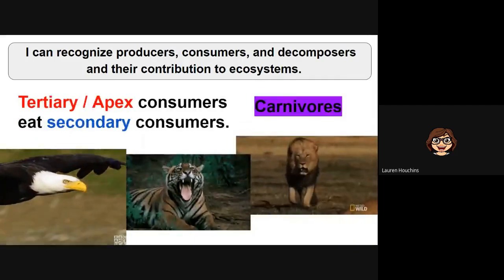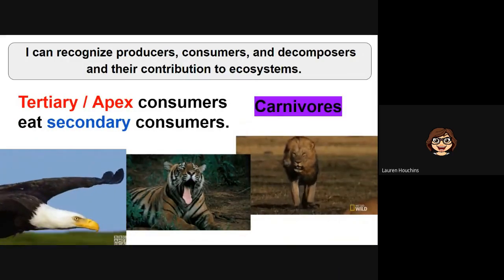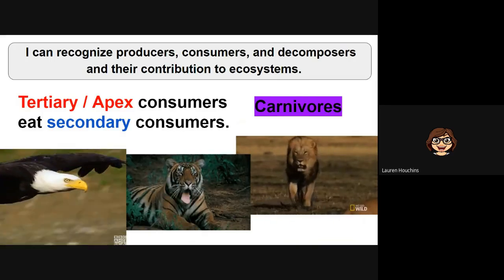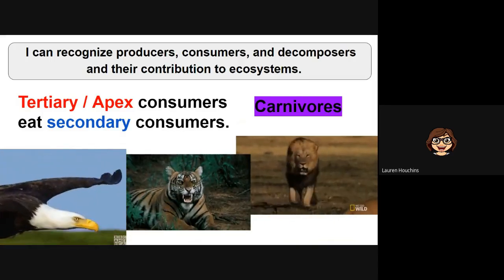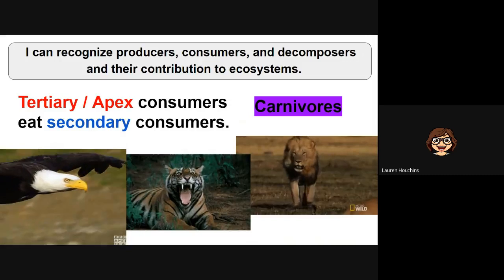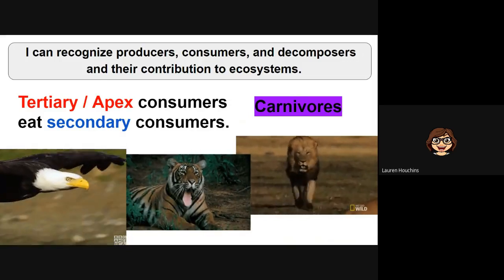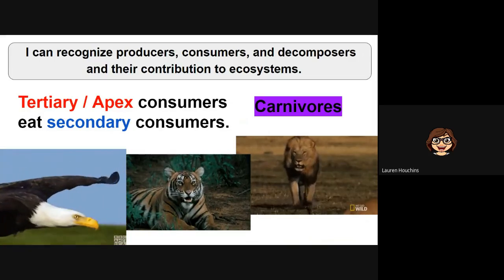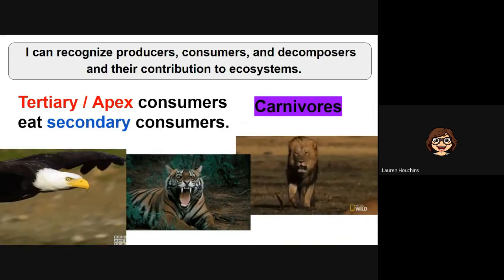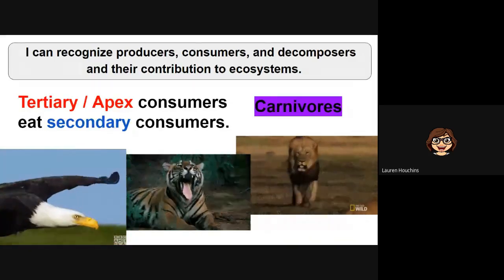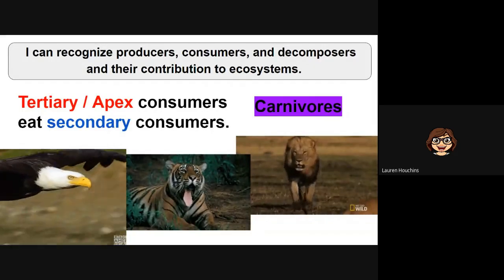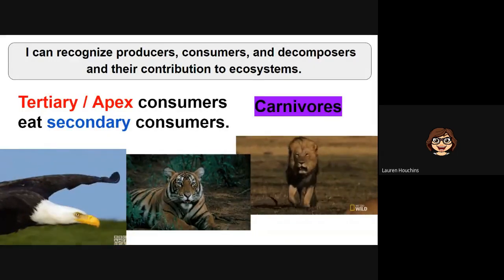And then at the very top of our pyramid, we have tertiary or apex consumers. And those are the ones that eat the secondary consumers. These are going to be your carnivores, the ones that don't have any predators. Animals such as eagles, tigers, lions, those are your tertiary or apex consumers.